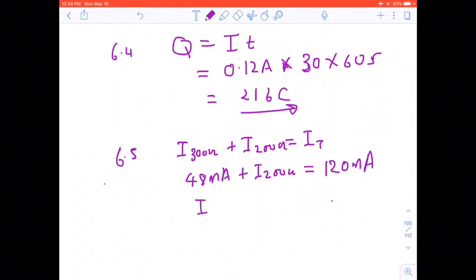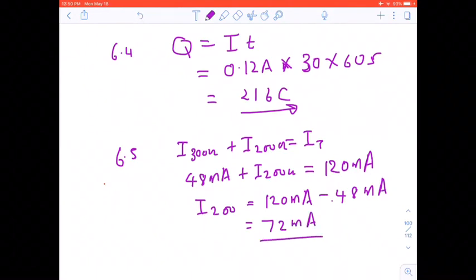Therefore I in the 200 ohms is equal to 120 milliamps minus 48 milliamps, which gives us 72 milliamps. As we looked at it qualitatively, we see that the current is larger there. Okay, there you have it, and see you the next time.